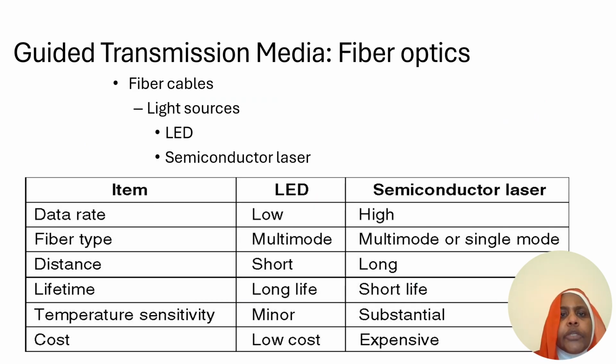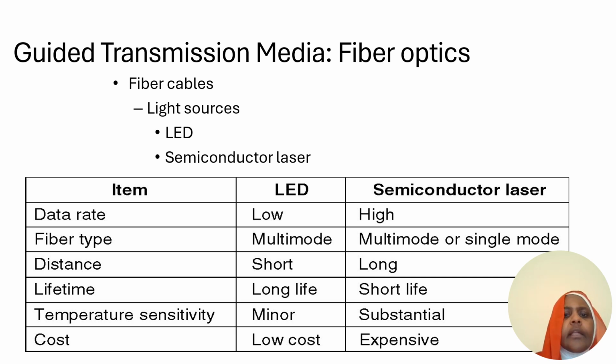The performance of guided transmission media in fiber optics has to do with the source of light itself. The source of light can be an LED or a semiconductor laser.